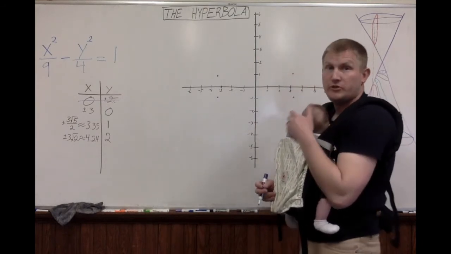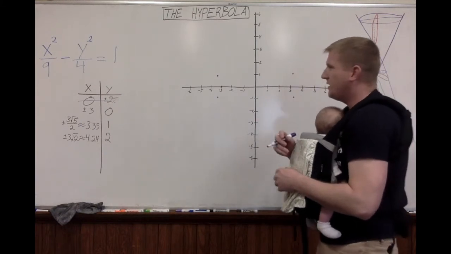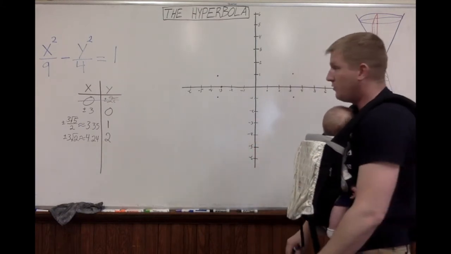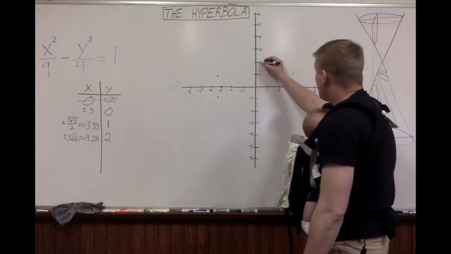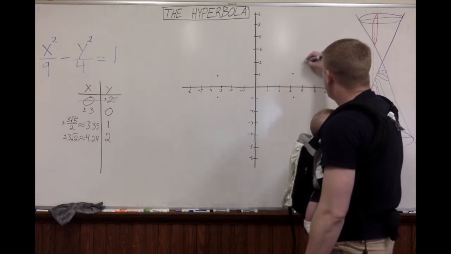When y equals 2, up here, x is going to be 4.24, so just shy of 4 1/4. So let's come up here. We're going to go to 4 1/4. So that's right about here.